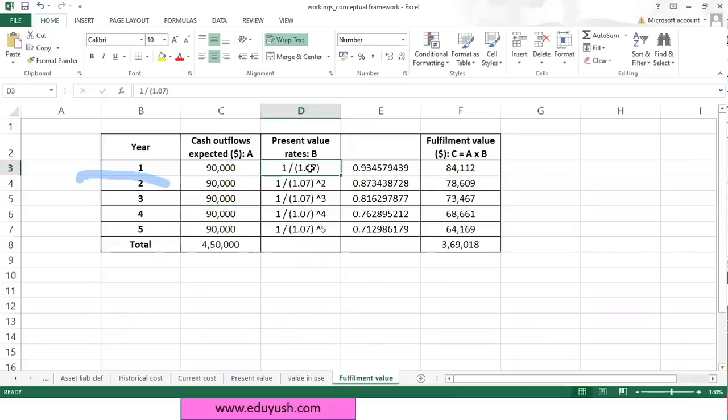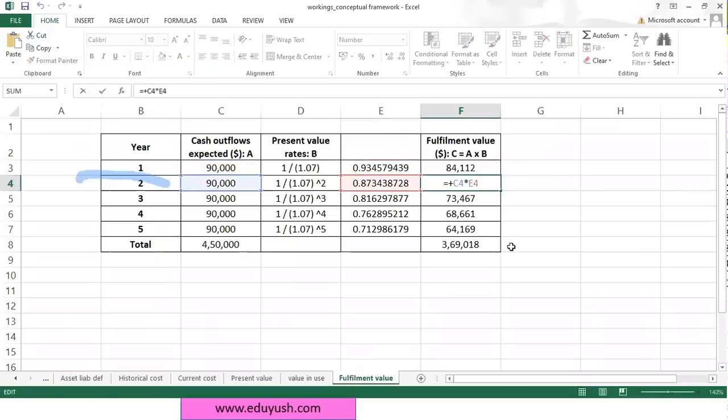The discount factors I put as 1 upon 1.07, raised to 1, 2, 3, 4, 5. So the fulfillment value will be 90,000 into 0.93, 90,000 into 0.87, 90,000 into 0.816, and so on.